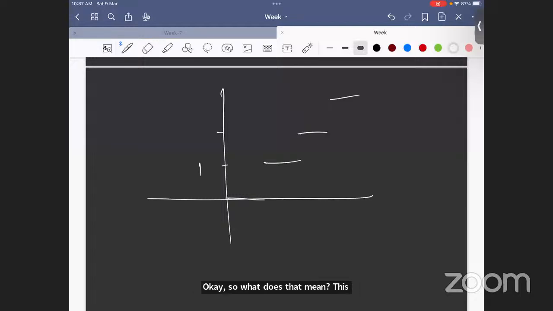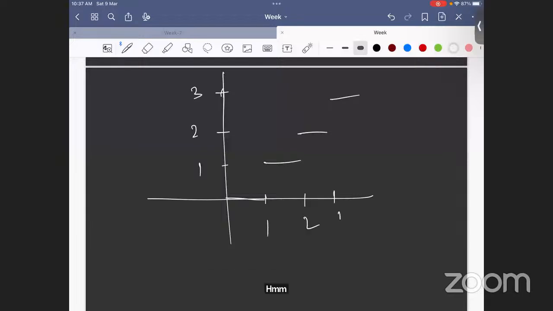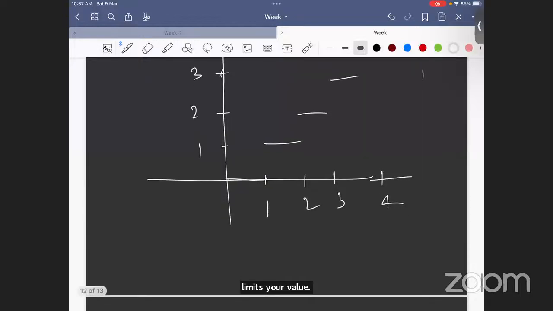This is 1, let's say this is 2, and this is 3, and 4. So this function, the greatest integer function, limits your value whenever you are getting something like this from 0 to 1.